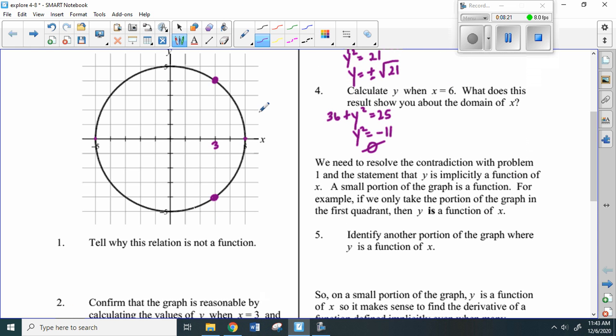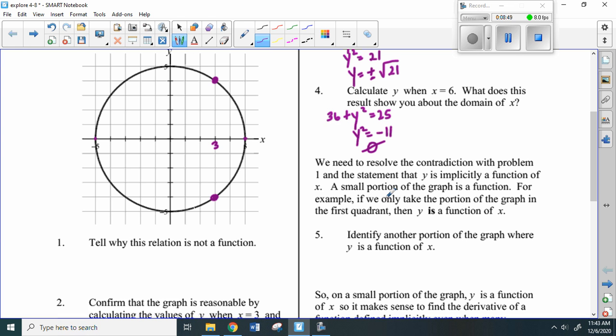So when we look at our original statement, it's not even a function. But we keep saying that y is implicitly a function of x, and so we need to restrict it to where we're looking at a piece that actually is a function. So let's just take this portion in the first quadrant. Then we could actually say y is a function of x.